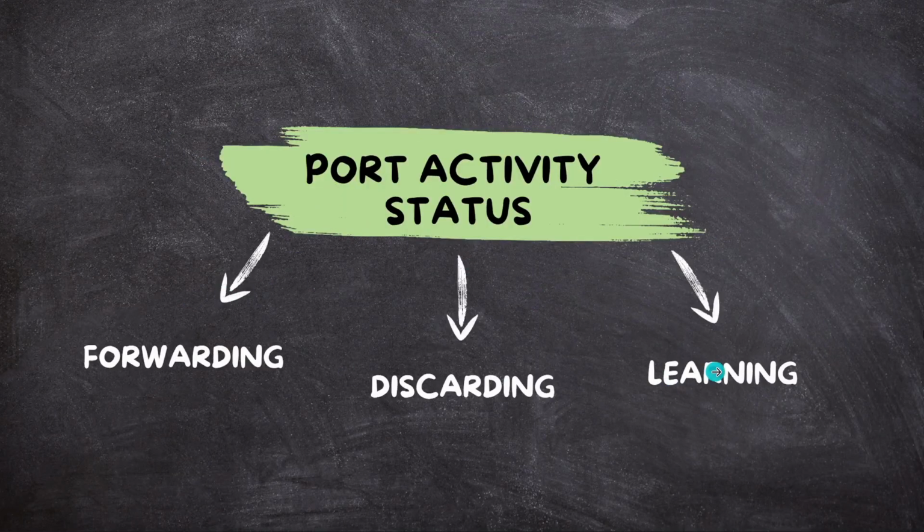Now port statuses. According to port roles, there will be 3 port statuses: forwarding, discarding, and learning. Learning is a very initial stage when the STP protocol is running and the port roles have not yet been assigned. Discarding means the traffic is coming, but the switch is dropping all the traffic from that port.